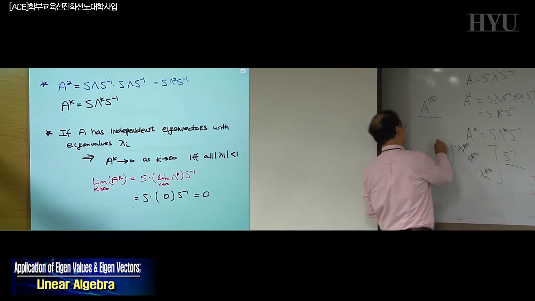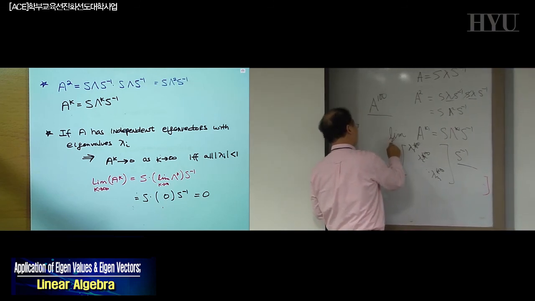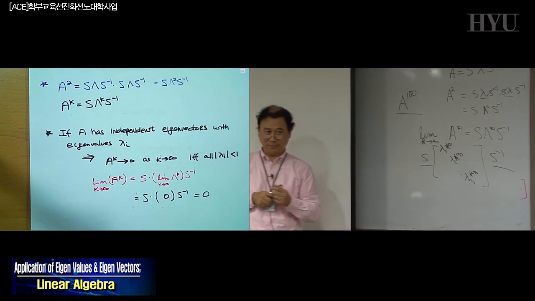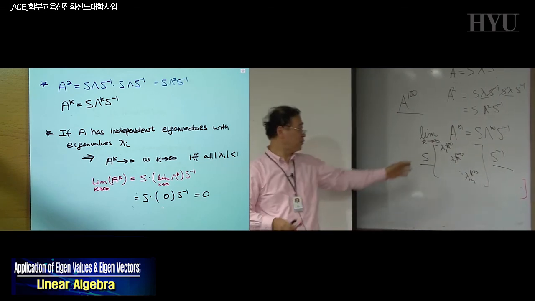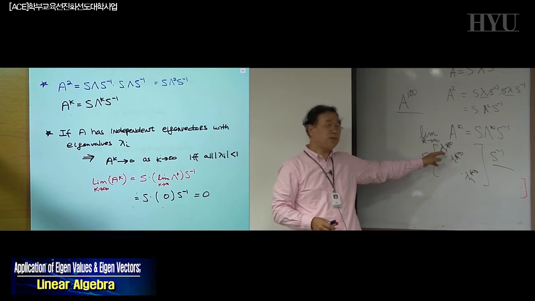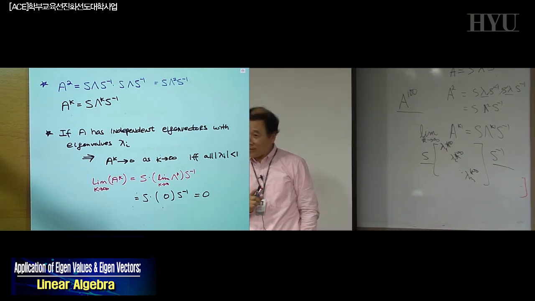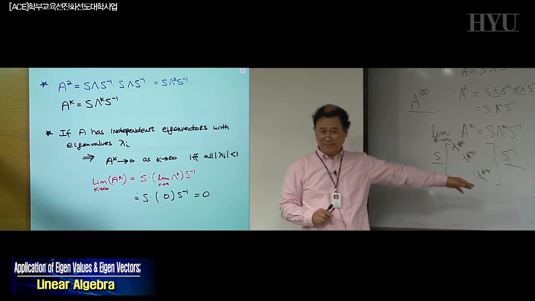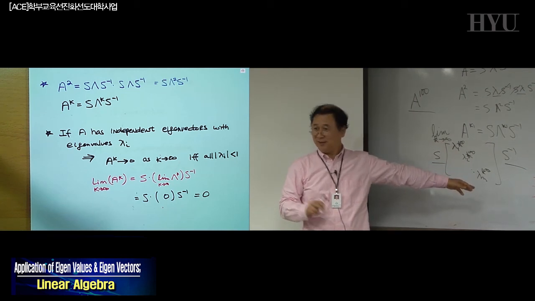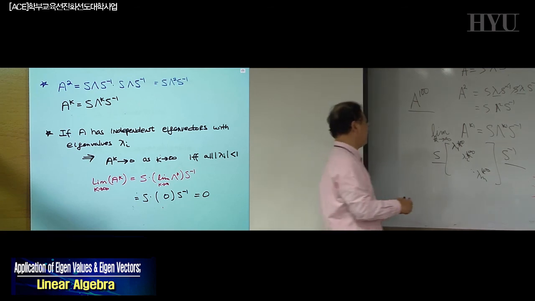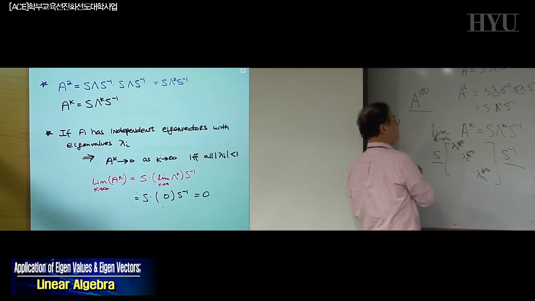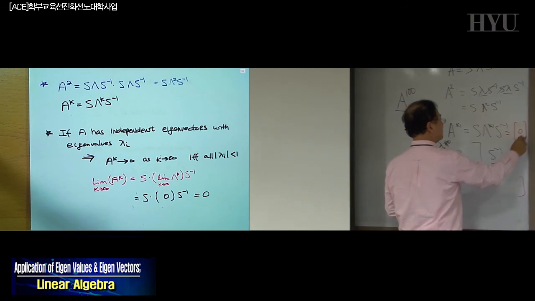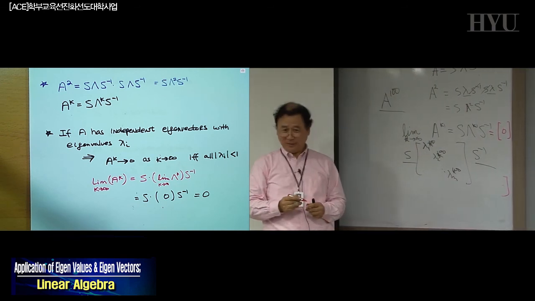Then let's think of this limit. Suppose k goes to infinity. If each lambda is less than 1 in absolute value, then this will disappear, right? Can you understand it? When k goes to infinity, A^k goes to what? Zero, a zero matrix, right?